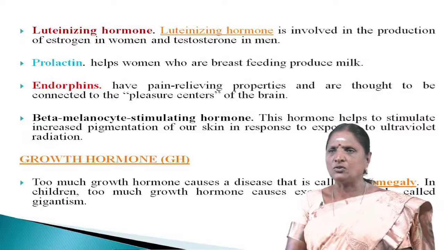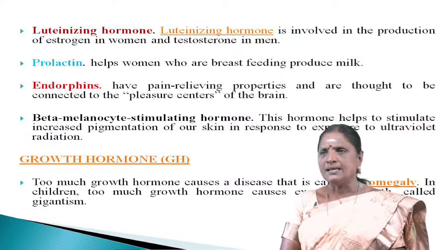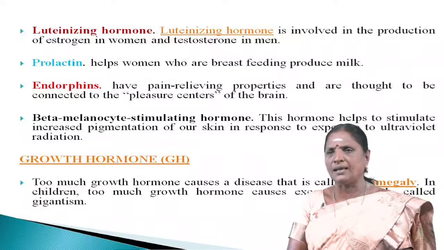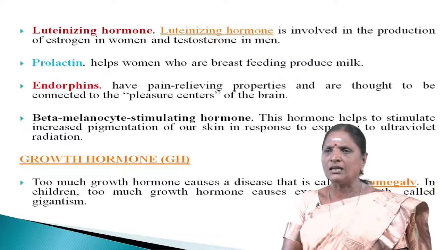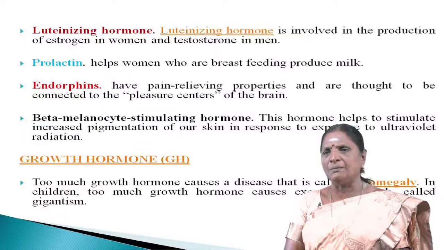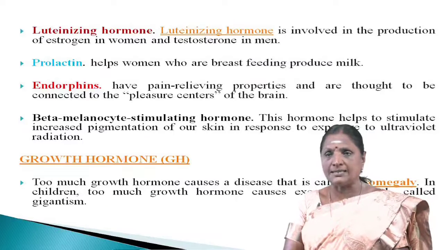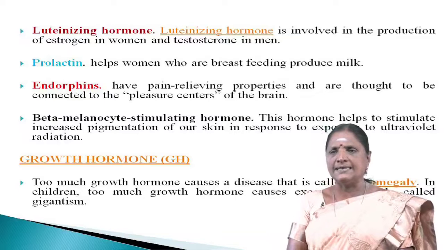Prolactin helps women who are breastfeeding produce milk. Endorphins have pain relieving properties and are thought to be connected to the pleasure centers of the brain. Beta melanocyte stimulating hormone helps to increase the pigmentation of our skin in response to exposure to ultraviolet radiation.